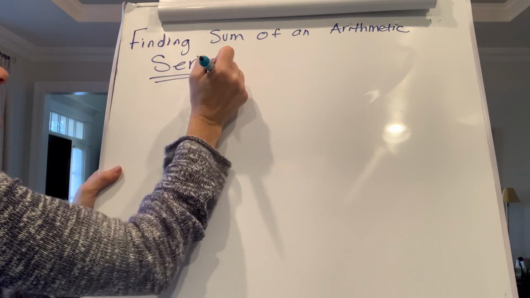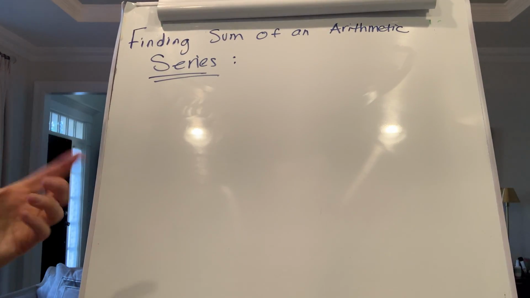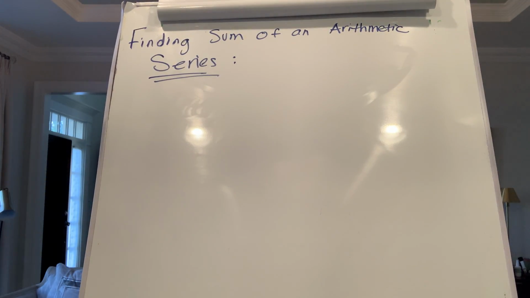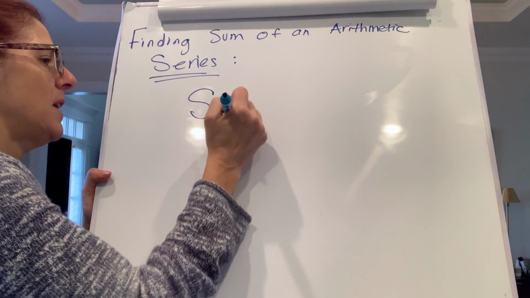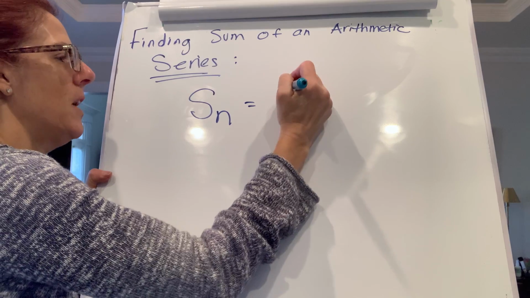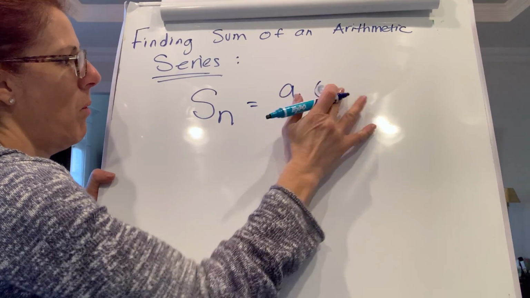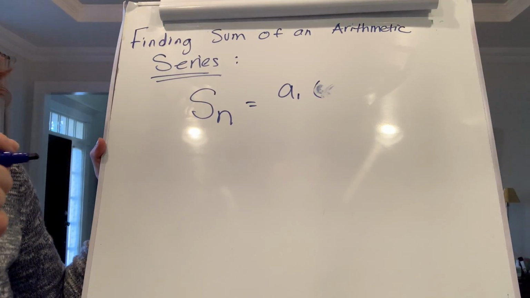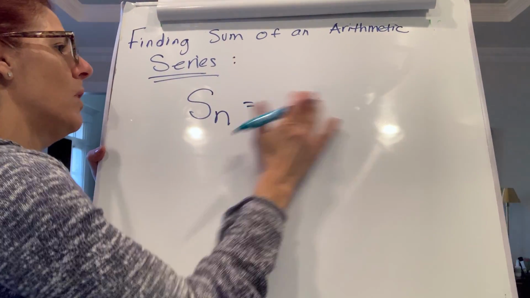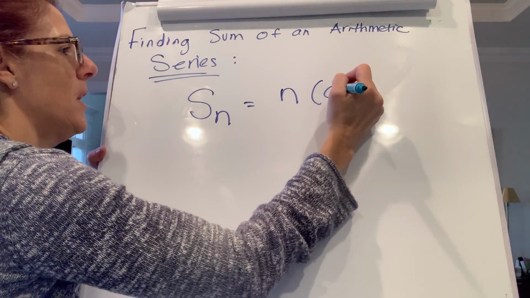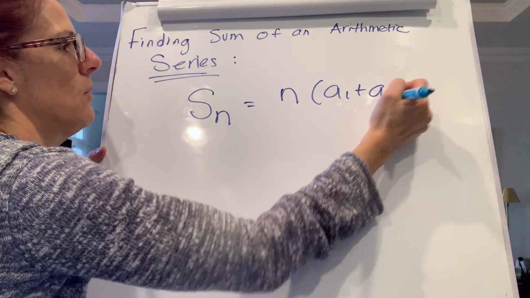I switched the word to series because now we're going to have the terms with plus signs in between them. The formula for that is going to be S sub n equals A1 times n. That's wrong, sorry. S sub n equals n times A1 plus An over 2.